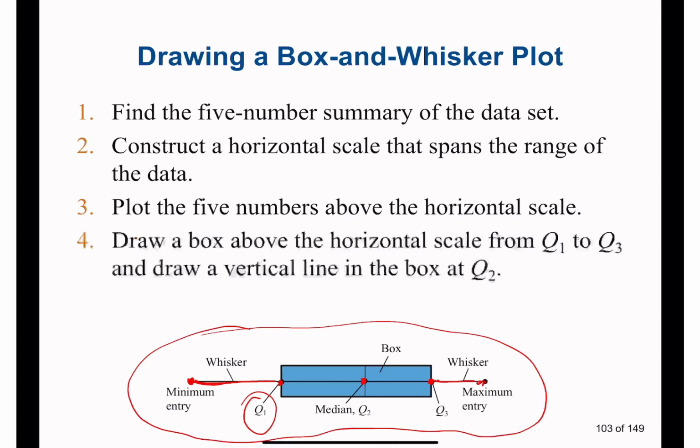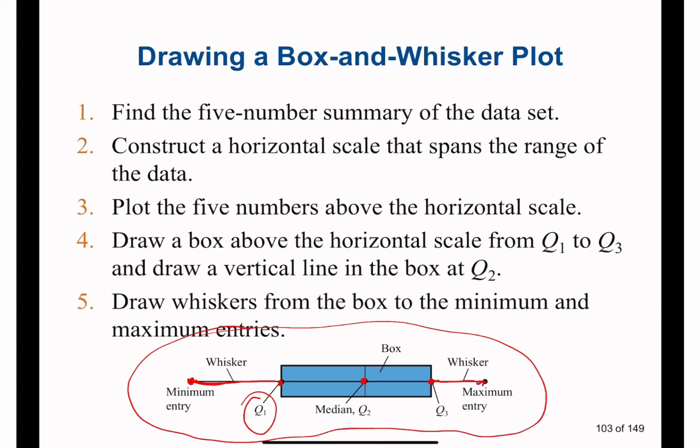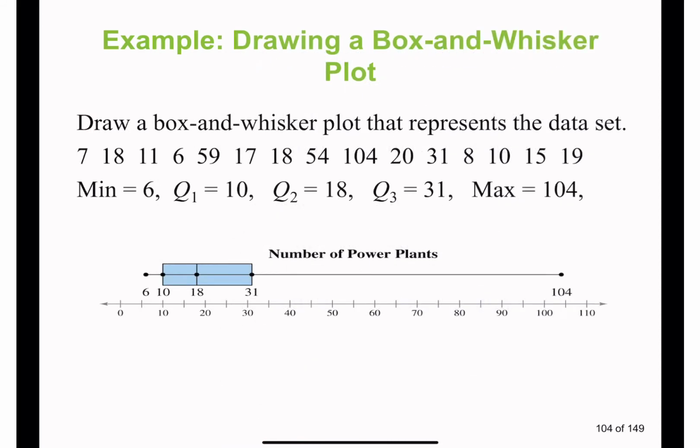Okay, so let's draw the box and whisker plot. Here we go, the same example with nuclear power plants. So we have minimum is 6, maximum is 104, and we have Q1, Q2, Q3. All right, minimum is 6, here it is. Maximum is 104. Here it is.